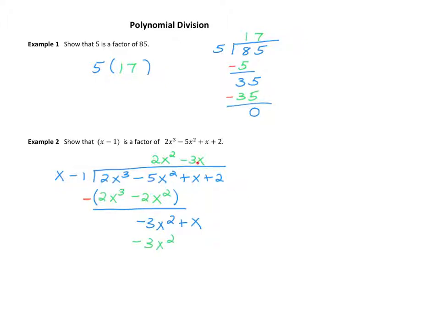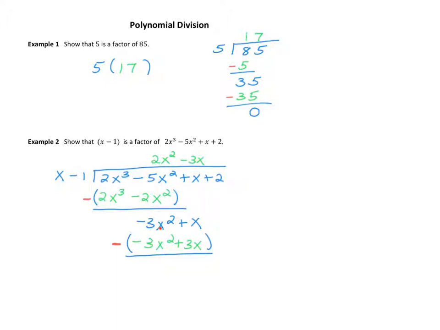But I have to take this negative 3x and multiply it to the negative 1, which gives me positive 3x. And the thing that I put here, I have to be careful. I have to subtract this away. Negative 3x squared, technically plus 3x squared, is 0, so I'm not going to write it.